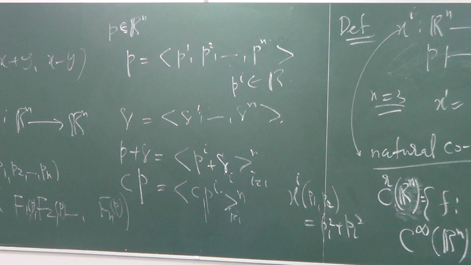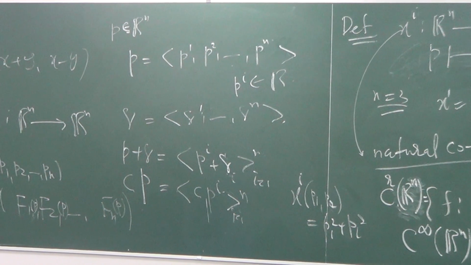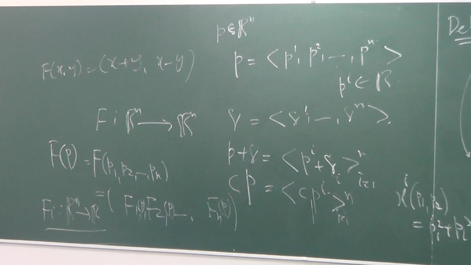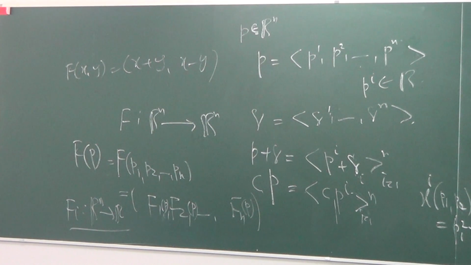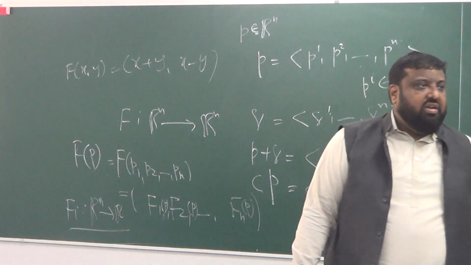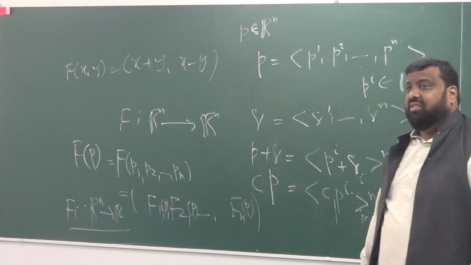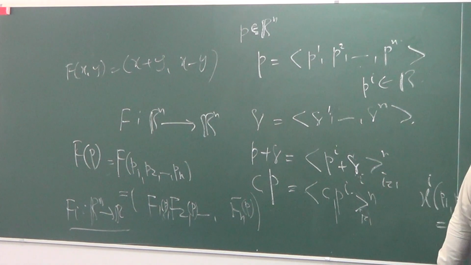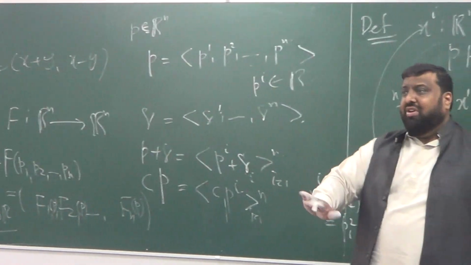Vector fields are pivotal here. Why do you need vector fields? We discussed this in calculus. There are things that you can model through scalar fields and scalar functions, but there are things which can't be understood through scalar fields. You need vector fields. For example, you want to track the trajectory of a particle in a moving fluid.